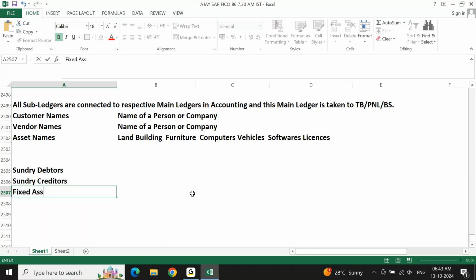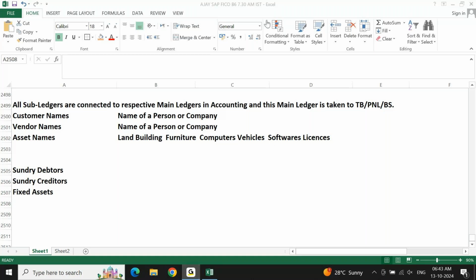If I call it as fixed assets, anybody heard this? Yes. Right? Sundry debtor, sundry creditor, fixed asset is something which everybody is aware of. The same thing is related to your fixed asset. When we say same thing is related to fixed asset, sundry creditor, sundry debtor, these are all subledger.